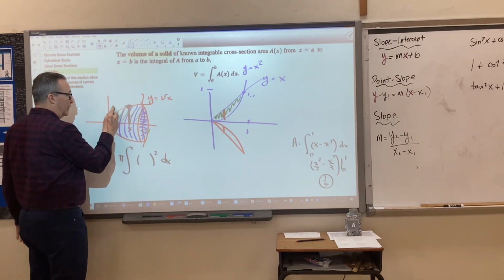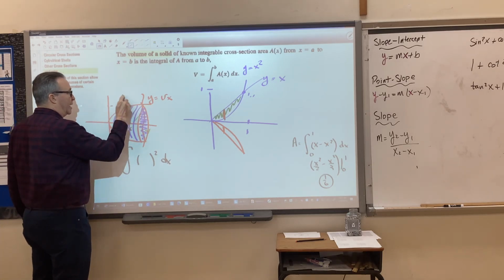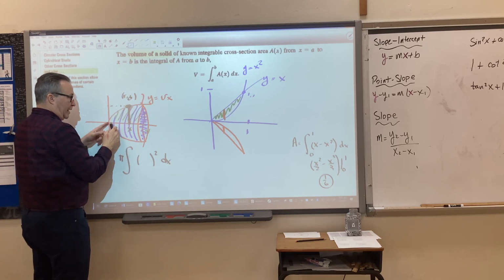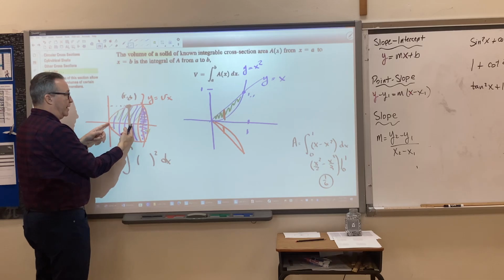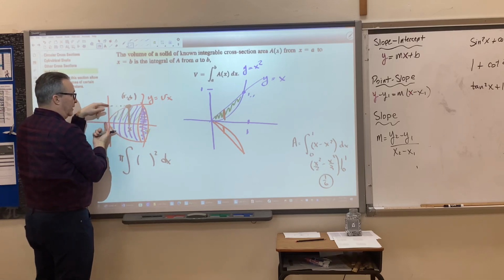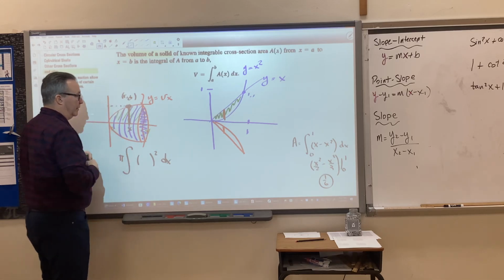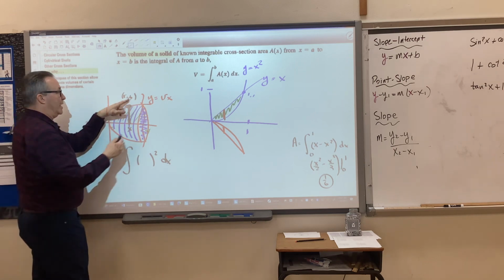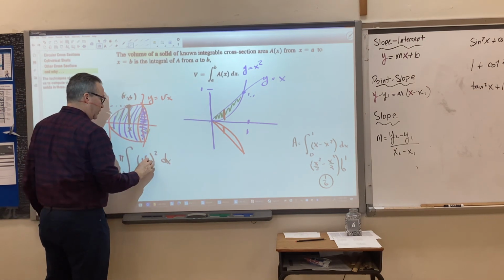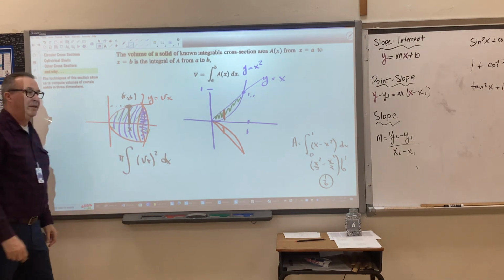Well, this point is the point x, y. And the x is how far into the shaded area it is, and the y is the length of that rectangle. Yeah, y equals the square root of x, so this is the square root of x. What about the integral?